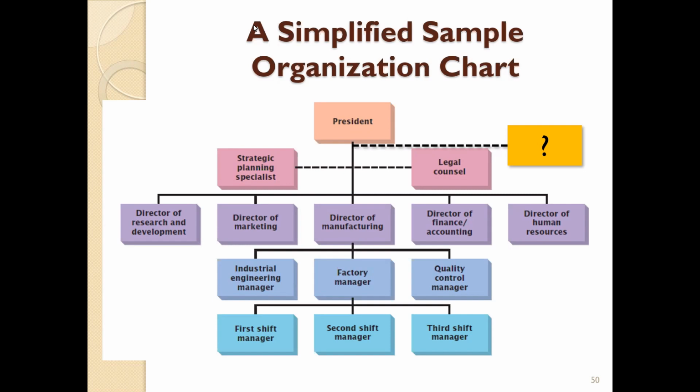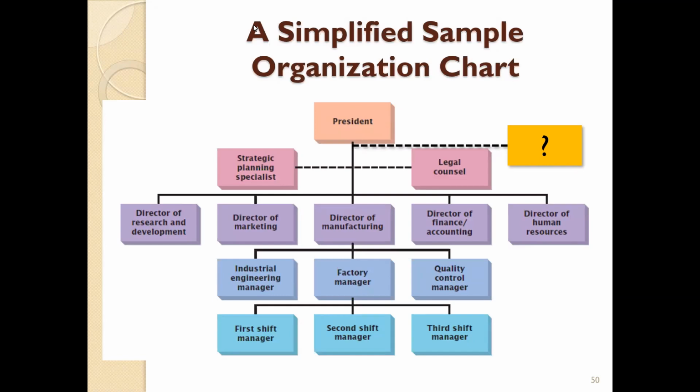If you look at the people, you will see that the president is up there and the president has his advisors, legal counsel. Notice that legal counsel does not go straight down into the organization chart, right? Yes, sir. Strategic planning also doesn't go straight down, but they are way up there with the president.